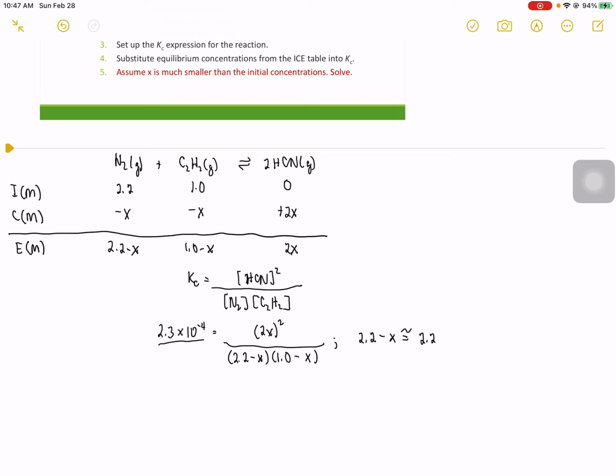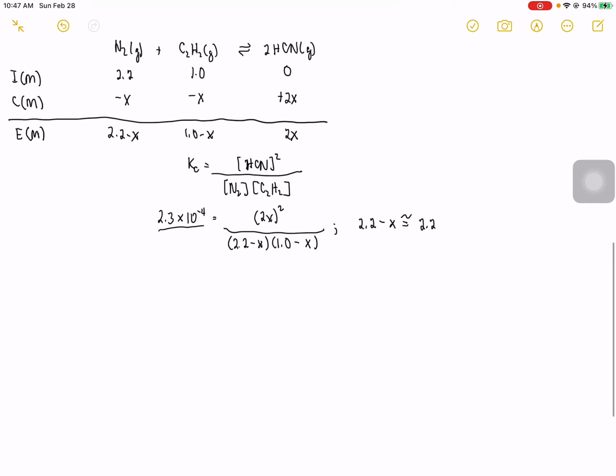Now, already assuming that the x is really that small, we can simplify the right hand side of this particular equation to give us the following. So 2.3 times 10 to the negative 4 should be approximately equal to the quantity 2x squared all over.